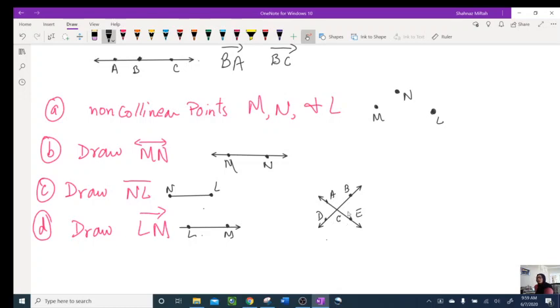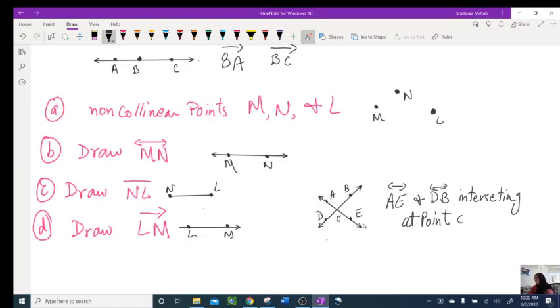Line AE is intersecting line DB at point C. So that's the intersection where they are meeting together.